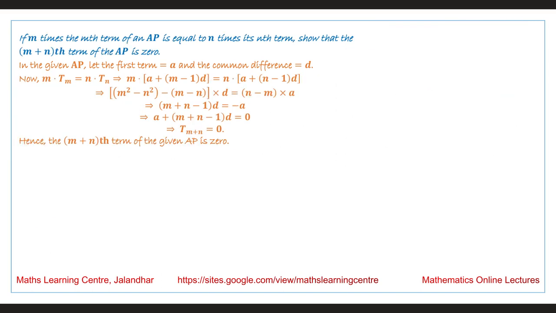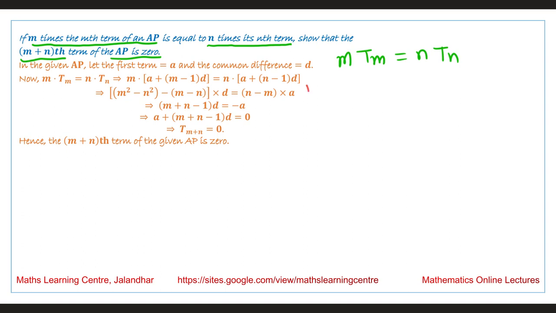Next is, if m times the mth term of an AP is equal to n times the nth term. So we are saying that m times Tm is equal to n times Tn. We have to show that the (m plus n)th term of the AP is 0.